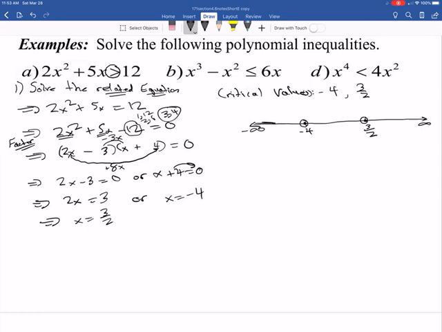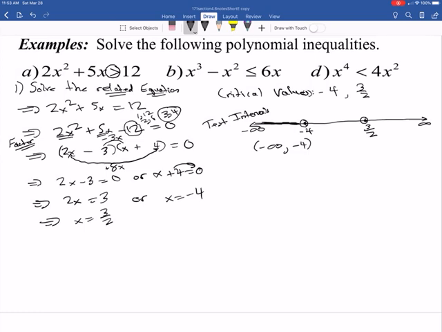Now, as we look at the different possibilities of solutions, the different intervals, let's set up our test intervals. That'll be our next step. So we have -infinity to -4, so all x values less than -4. Again, we can't use -4 because it's just a greater than problem, not greater than or equal to.